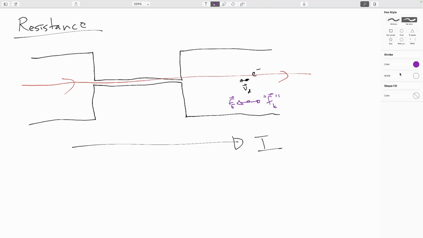Okay, so that's happening over there, and similarly over here we would have exactly the same kind of analysis. Our electron will be doing a nice slow drift. So this is V sub d, for drift velocity, against the direction of conventional current.